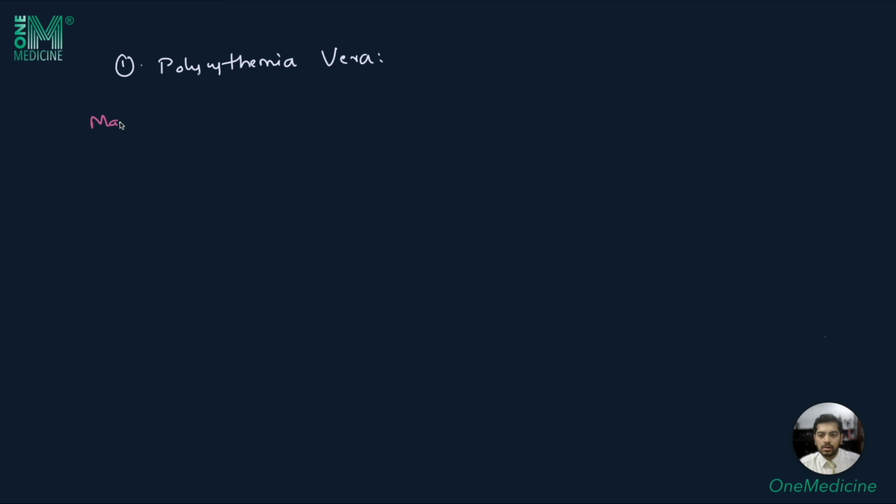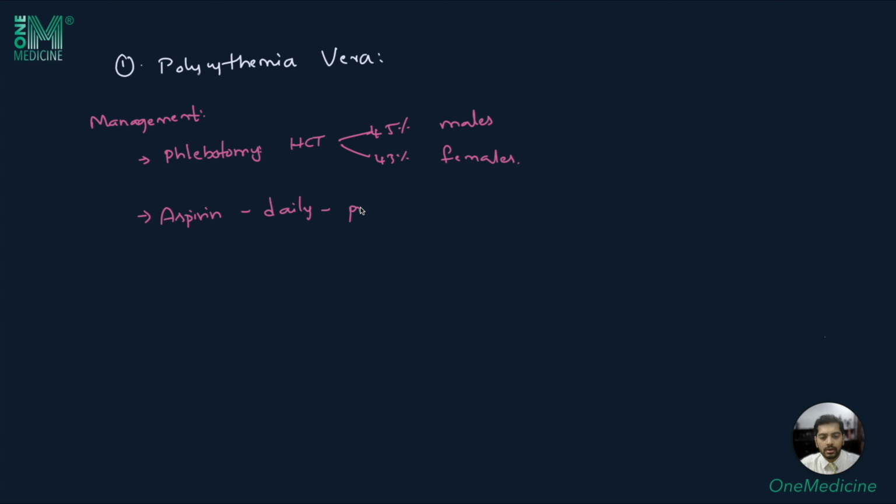Polycythemia vera is managed by phlebotomy to keep a target hematocrit of 45% or less in males and 43% or less in females. Aspirin is given daily to prevent thrombosis. Some patients may require splenectomy to control the symptoms.